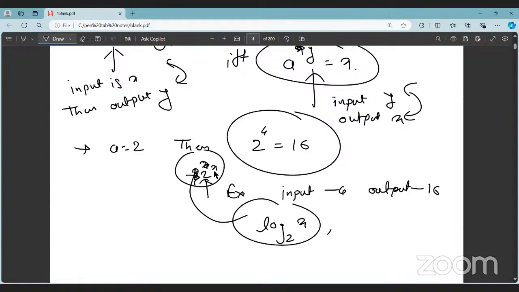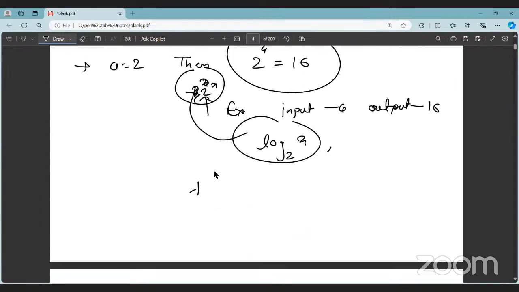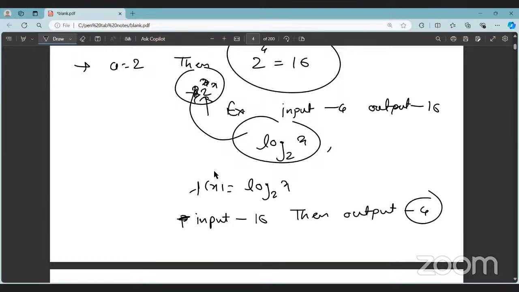That means if I consider f(x) to be log base 2 of x, and I take my input to be 16, then the output should be equal to 4. That function is known as log base 2 of x.